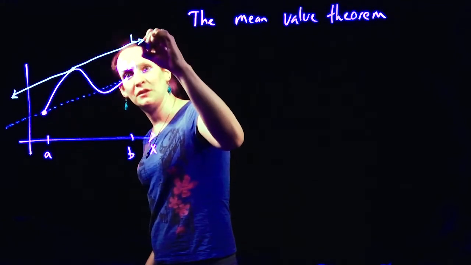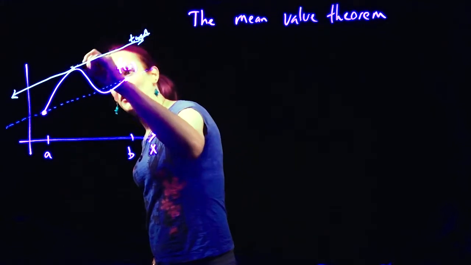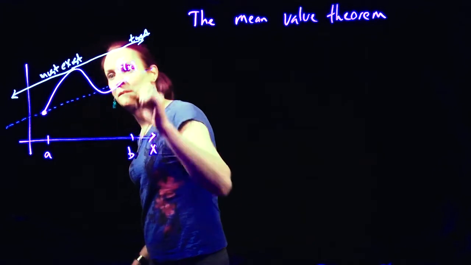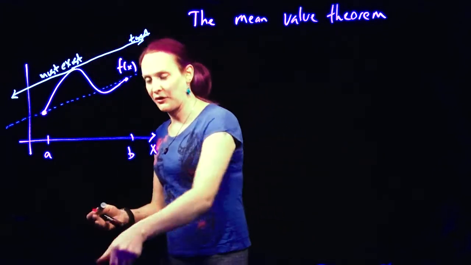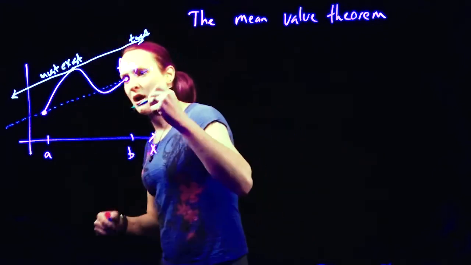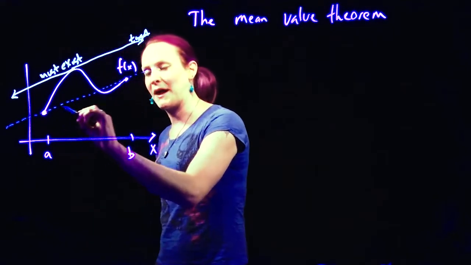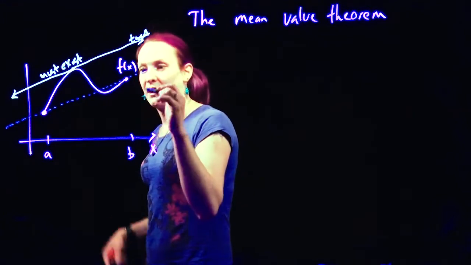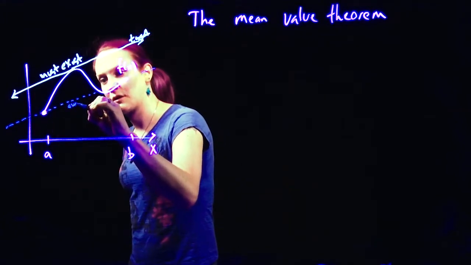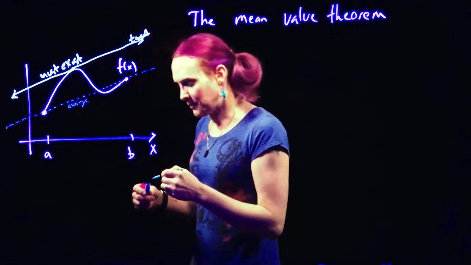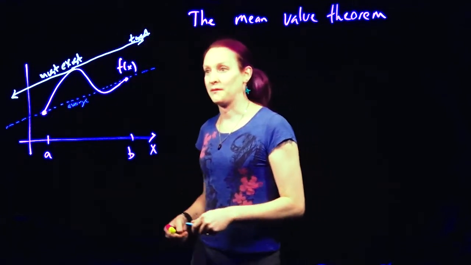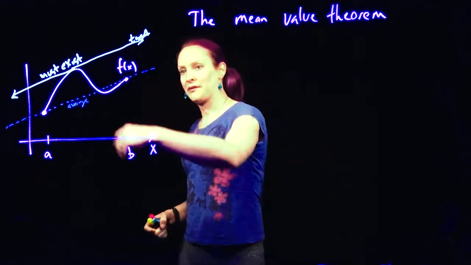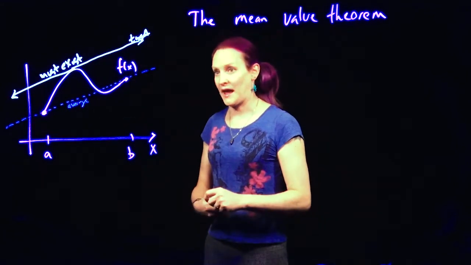So this is a tangent. This line must exist. So this line right here is essentially what would happen if the function just increased according to the average, or in some sense the mean value. Okay. So that line must exist. The mean value theorem says that it has to.